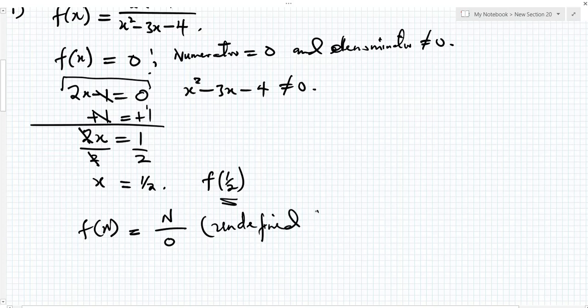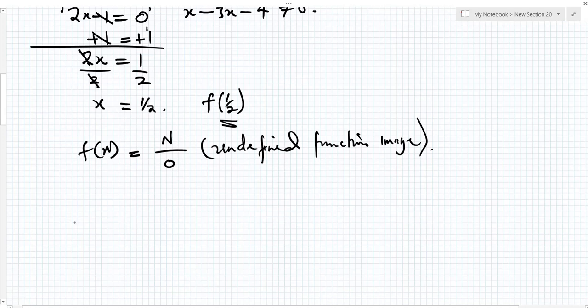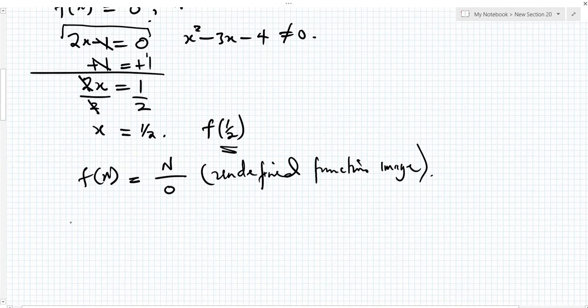It's an undefined function image. So the function is said to have no image. It's undefined. So at the point where the denominator is equal to 0 is where you have x squared minus 3x minus 4 equal to 0.